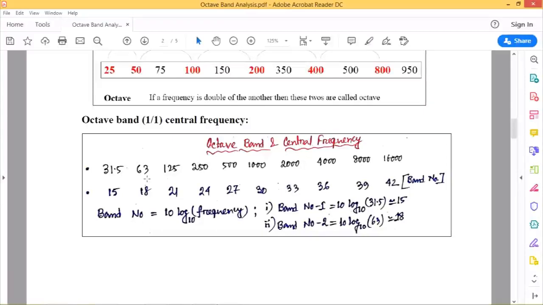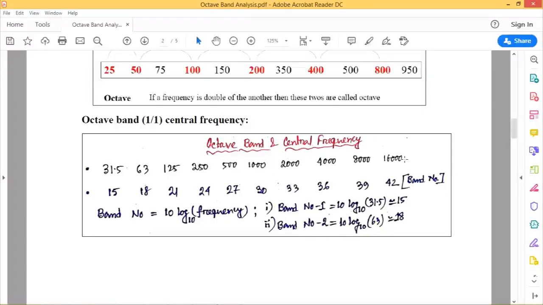In this range, any noise generated can be analyzed using these 10 frequencies. These frequencies are given in the handwritten picture. You can see 31.5 Hz, then 63, 125, 250, 500, 1000, up to 16,000.